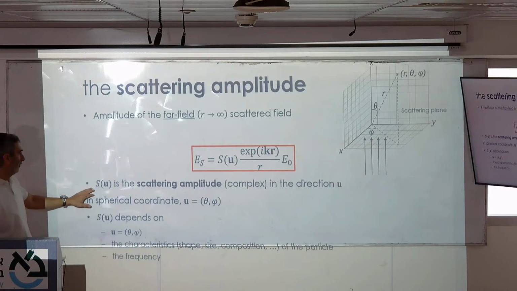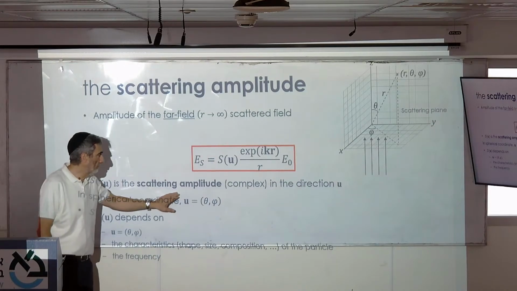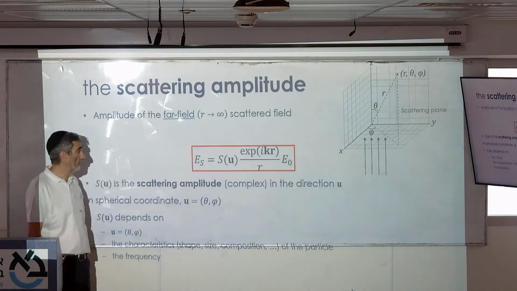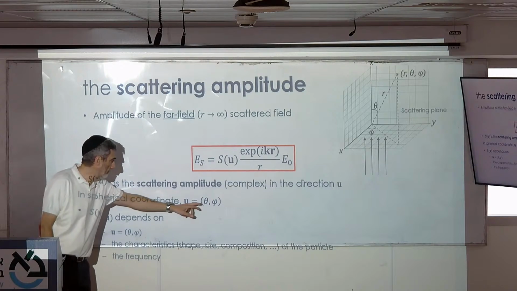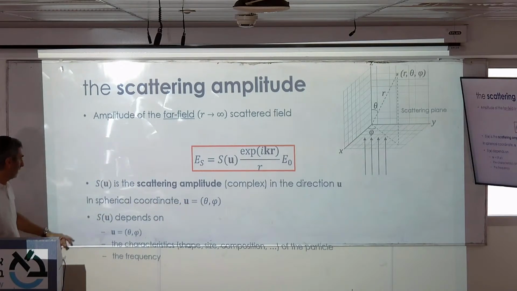S of u is the scattering amplitude, a complex number in the direction u, which is in spherical coordinates theta phi. S of u depends on the characteristics of the particle: its shape, its size, its composition, and obviously it also depends on the frequency of the incident wave on the system.